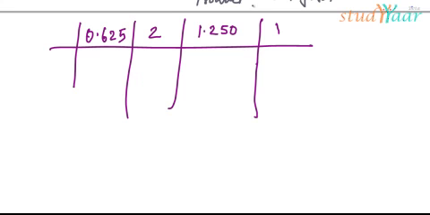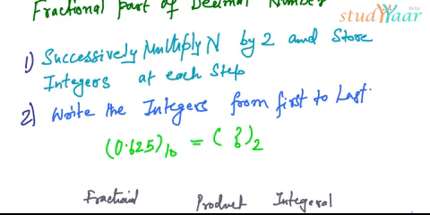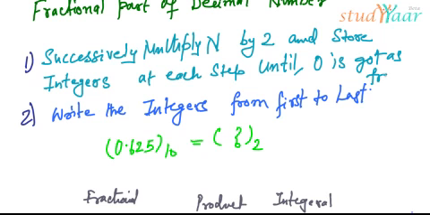Now we are going to repeat this step successively until I get 0 as the fractional value. So I'll just add one thing over here: repeat this until 0 is got as the fraction.